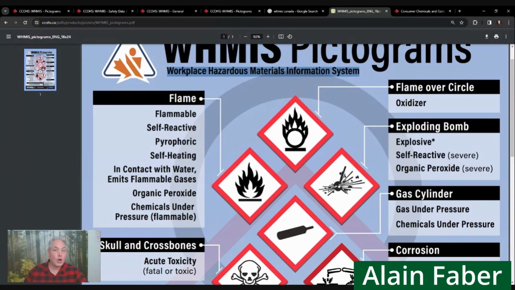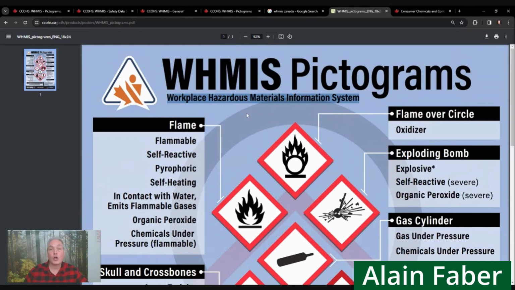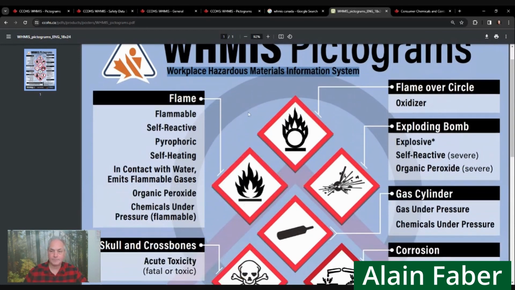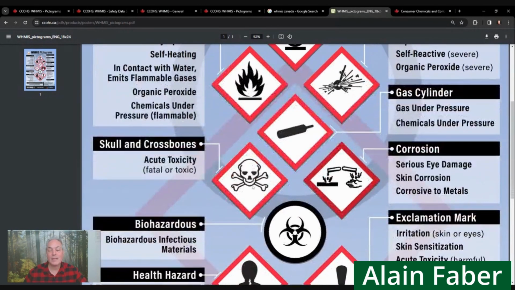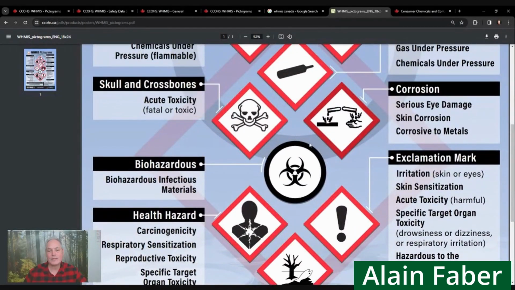Keep in mind that not all of these hazardous materials are in schools, for indeed your protection. So if we look at these symbols, all have this red diamond. This is quickly identifiable, and inside we have symbols to help us identify what we have. The only one that is different is this one here for biohazardous materials.